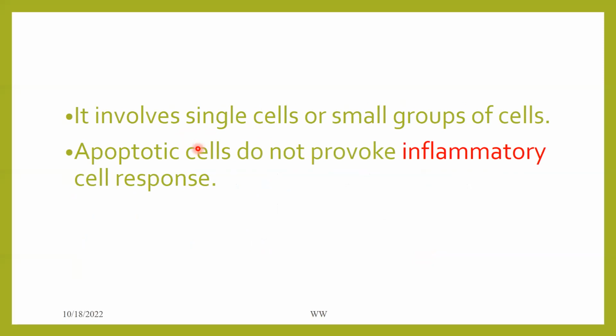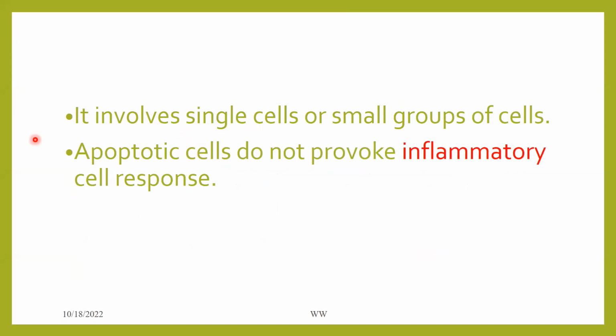It can involve a single cell or groups of cells, depending on how fast they are proliferating or the disease process that is there. So you can see single cells or multiple cells, or the apoptotic bodies that have been derived from them.